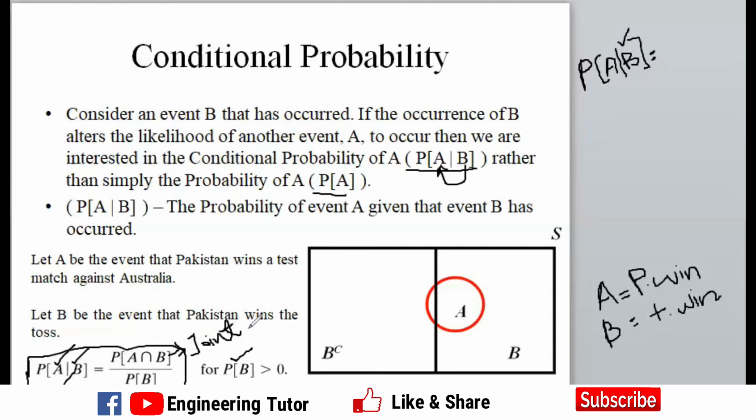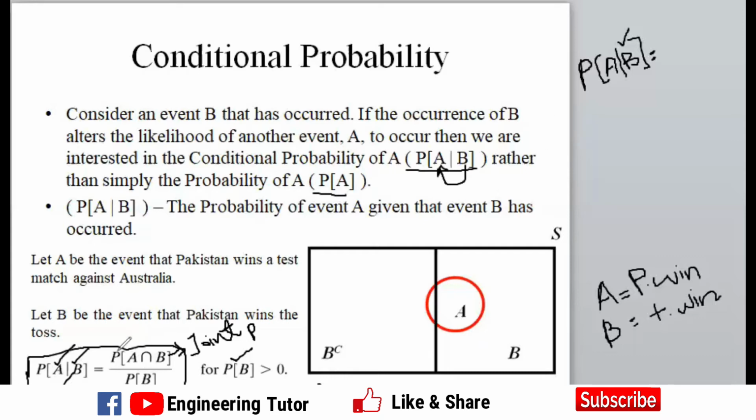This is a joint probability, and the denominator term is a marginal probability. These are basically two terms: the joint probability and the marginal probability. So you have to find both.